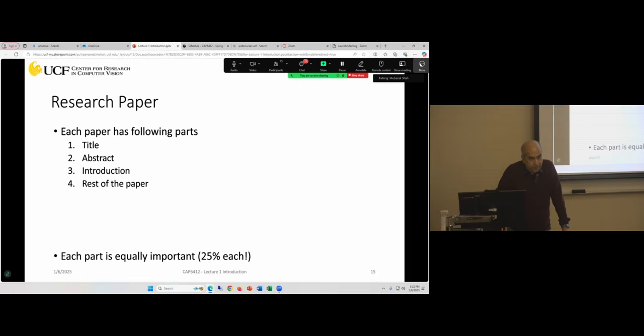That's also very important. Then the rest of the paper. Even though the rest of the paper requires a lot of work, it will have a related work section, method, what is your approach, results, and conclusion. But this is the formula for writing a paper which will have impact, and you get a lot of citations. Okay?